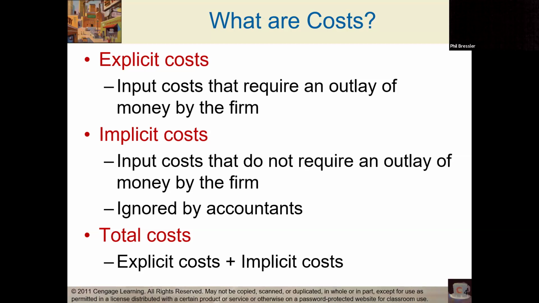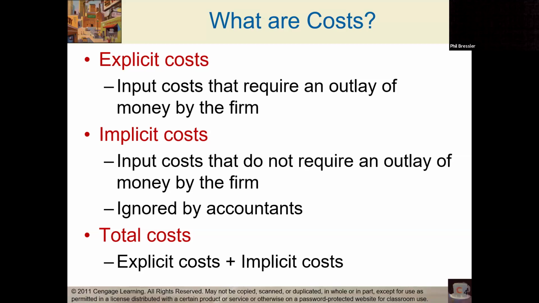Okay. Now, total cost for economists is explicit plus implicit. So economists take in explicit and implicit cost. So total revenue for an economist minus explicit and implicit cost is the profit.